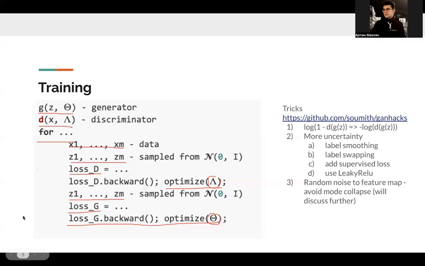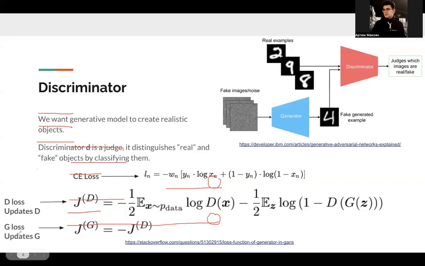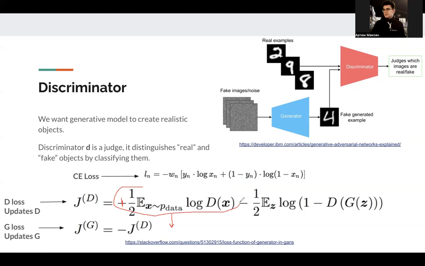And I also want to say that here in the generator loss, this is the same, but with plus. We update only the generator, and in this part we don't have any generator, so we don't need it because it's a constant.